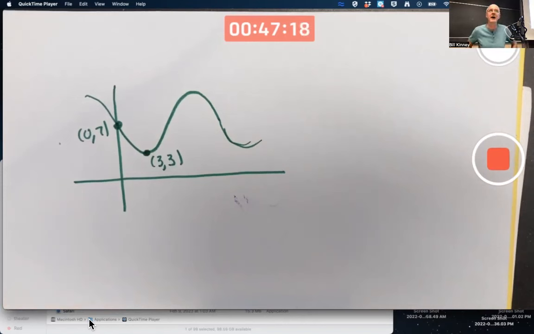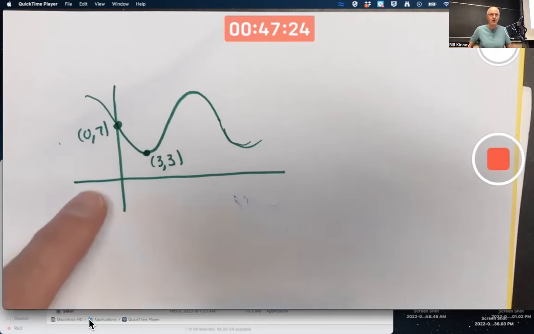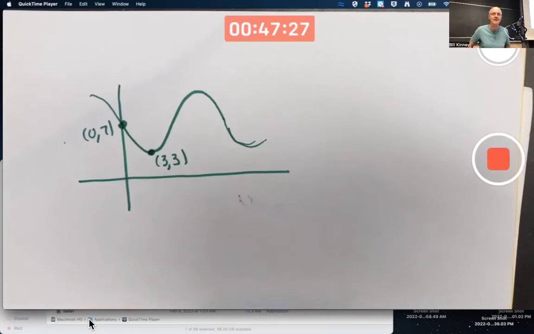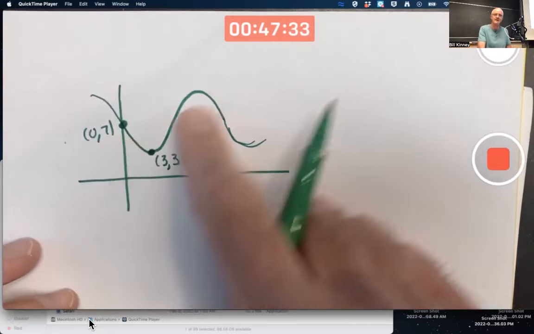And the goal is to find a formula for this function. Find a function whose graph looks like this. Okay. You want to use trigonometry. You want to use either a cosine or sine because it's oscillating.